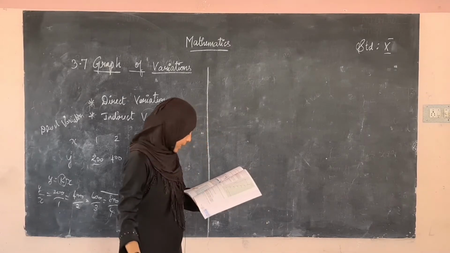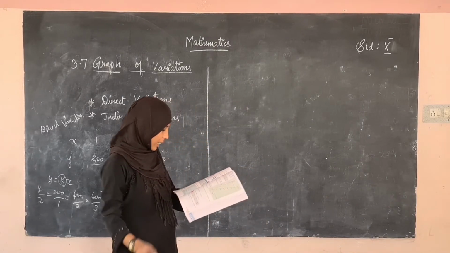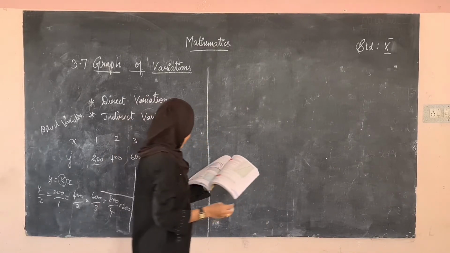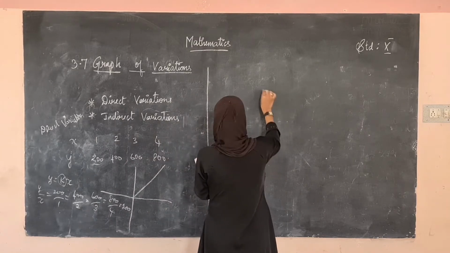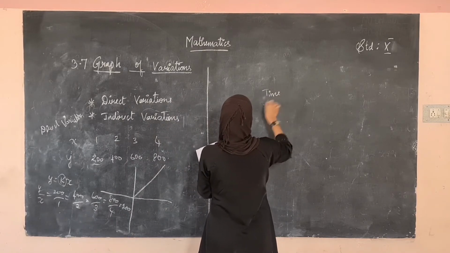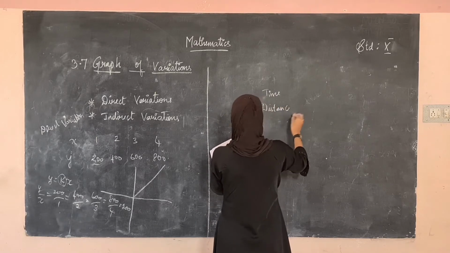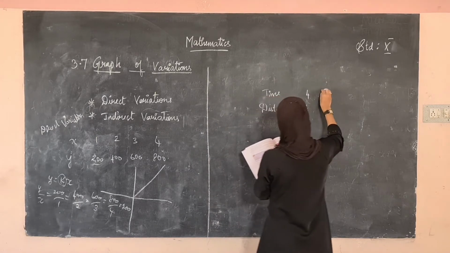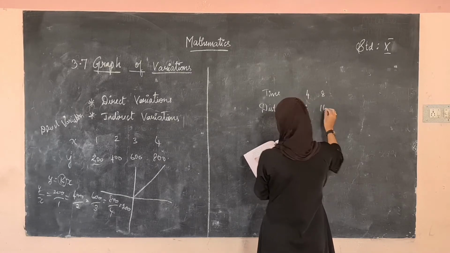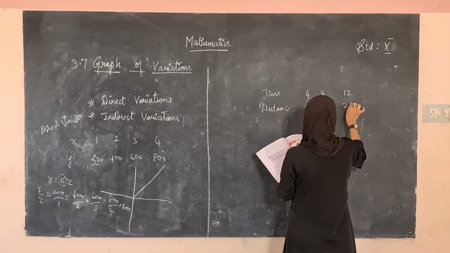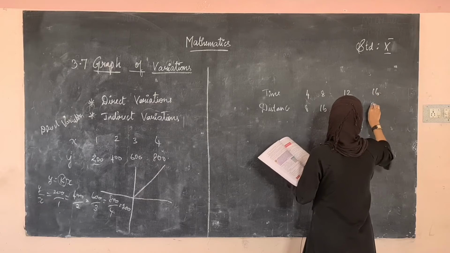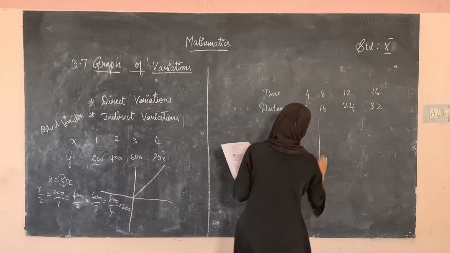See, in the next page they have given a graph. Observe this graph, the graph is a straight line. That is time and distance they have taken: 4, 8, 8, 16, 12, 24, 16, 32. The graph is like this.